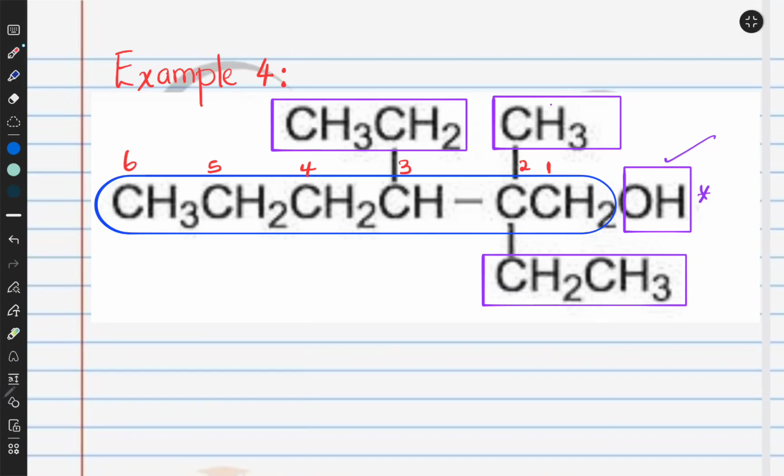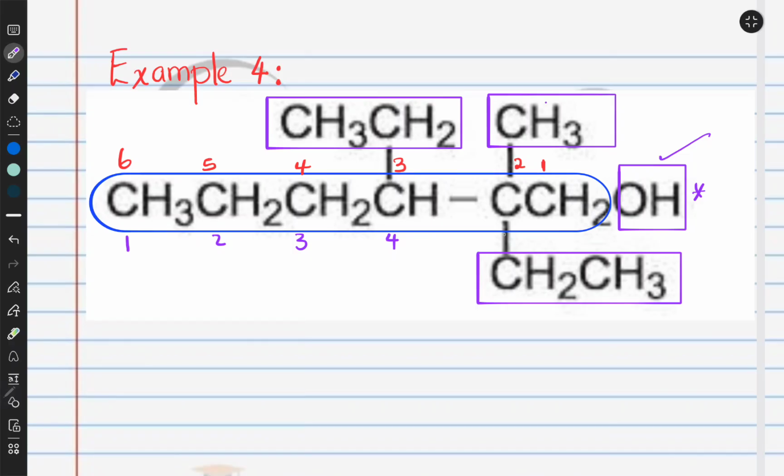However, if we use the other way of numbering, which is 1, 2, 3, 4, 5, 6, the hydroxyl group will be on carbon atom number 6, whereas the other substituents, like this one, will be on carbon atom number 4, and then these two will both be located on carbon atom number 5.